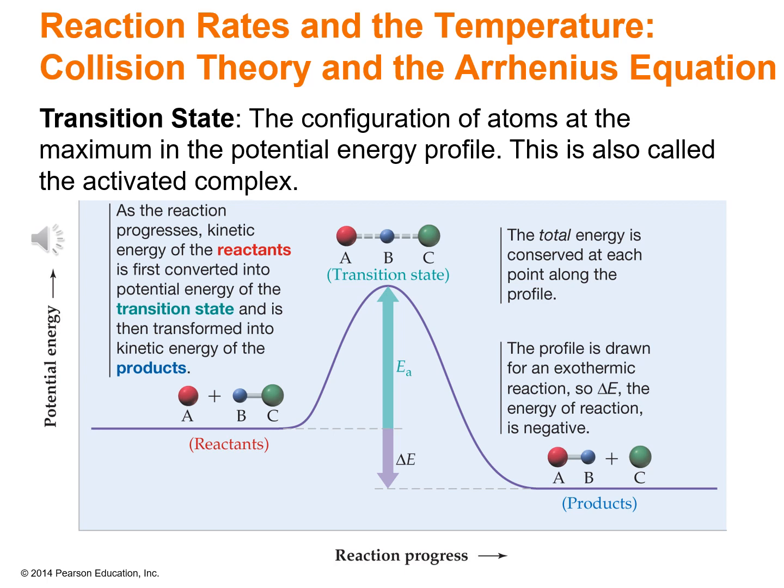You see the activation energy being the distance from the reactant to the transition state, and then the amount of heat that's given off, in this case shown as delta E, showing that it's an exothermic reaction, which would normally be shown with a negative sign.